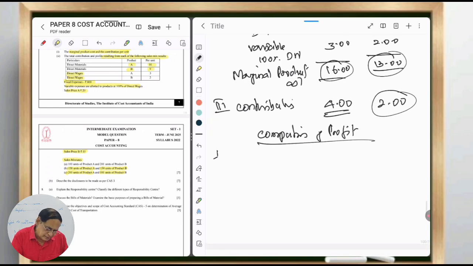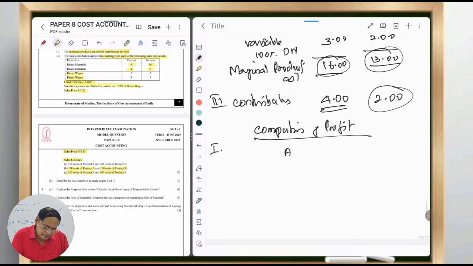First mixture: A, B and total. Number of units: 100 units of product A and 200 units of product B. Contribution is 4 rupees and 2 rupees.